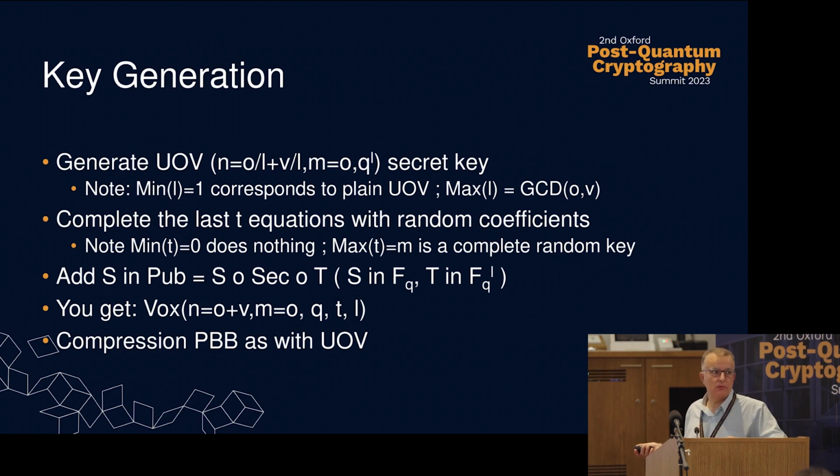It comes down to the regular UV, and the maximum value you can give to this parameter is, in fact, m, the number of equations. But in this case, it's silly because the system you get is completely random. So there's no more trapdoor, so it's useless.